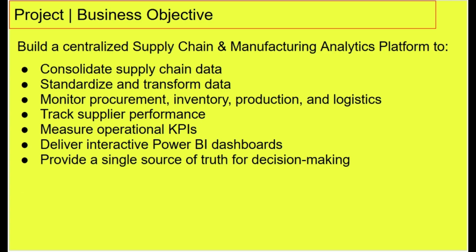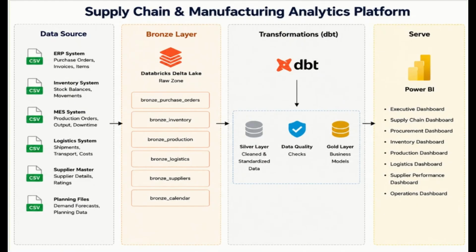Now let's look at the architecture of how this project will be done. We're going to pull the data from CSV. For the sake of this project, our data is currently in CSV, so we shall pull the data from the CSV and then into the Databricks data lake.